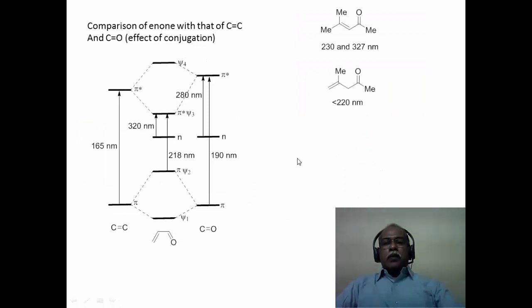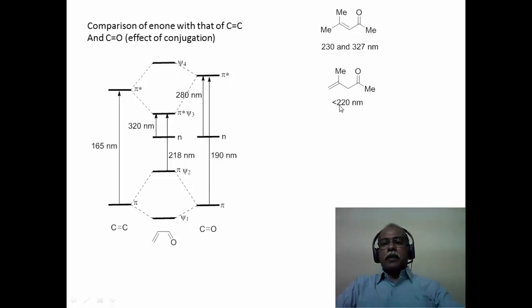Now compared to a conjugated enone, a non-conjugated enone has a much lower absorption. This is illustrated by again taking mesityl oxide and the isomer of mesityl oxide. In this molecule, the double bond is in conjugation with the carbonyl functional group, whereas in this molecule, the double bond is not in conjugation with the carbonyl functional group. This molecule does not have any absorption, all the absorption is less than 220 nanometer.